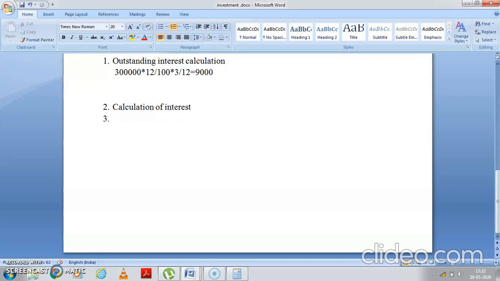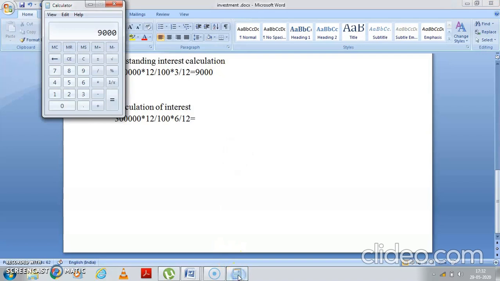Yes, see it is half yearly. So again you have not done any sale, any purchase, so 3 lakhs का आपका value था, multiply by 12, divide by 100, because it is for how many? 12% per annum. Now you have kept this investment for how many months? 6 months, because you are getting half yearly. So how much will be the interest?